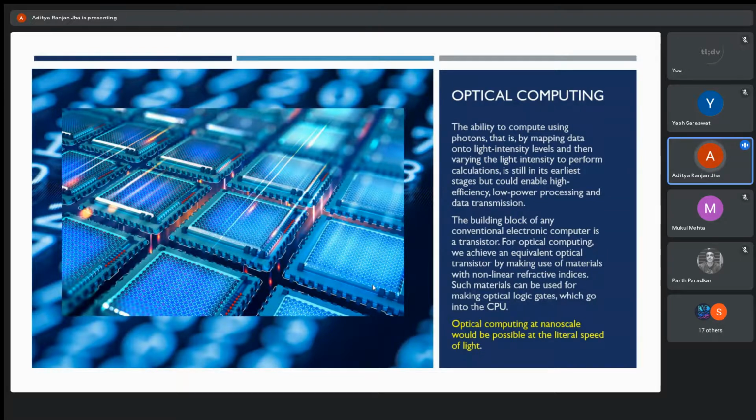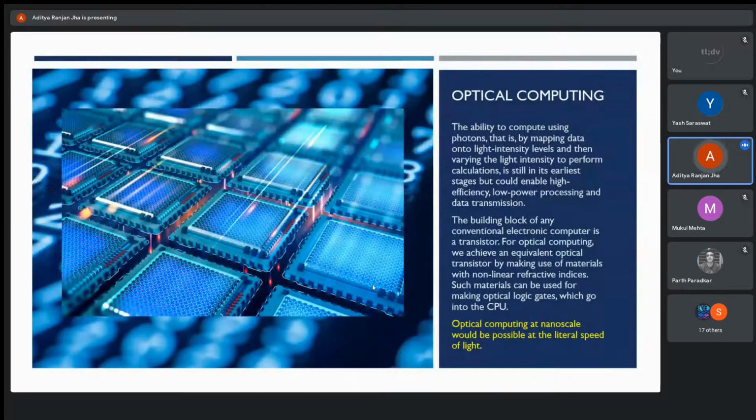Now, how do we obtain an optical transistor? We do it by using a material with a non-linear refractive index, and similar to a normal transistor's on or off state, whenever there's light in it you may get the 1 bit, and whenever there's no light you may get the 0 bit, just like a digital signal.